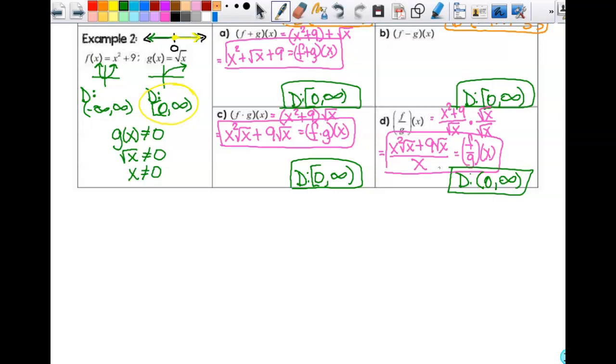What questions you got? Anything? Because I'm dividing by g of x, and you can't divide by 0. The function would be undefined there.